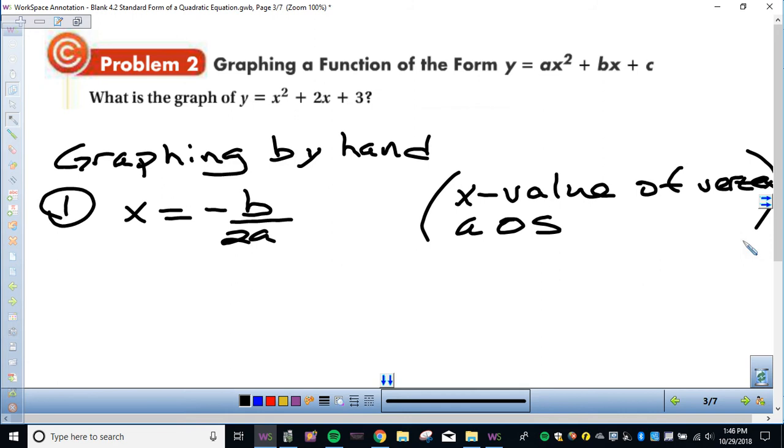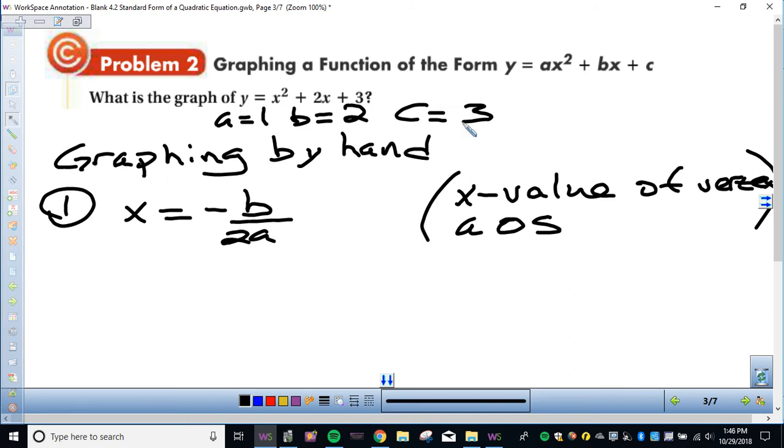So, standard form ax squared plus bx plus c, what's a in this equation? What's a? What number's in front of the x squared? 1. So a is 1. What's b? 2.